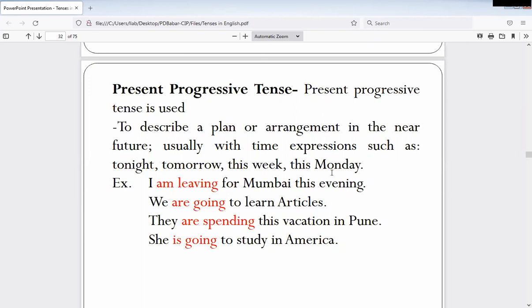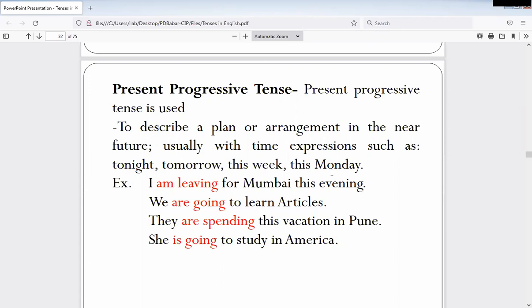So for describing a plan or arrangement in the near future, we use time expressions such as tonight, tomorrow, this week, this Monday, with this present progressive tense.